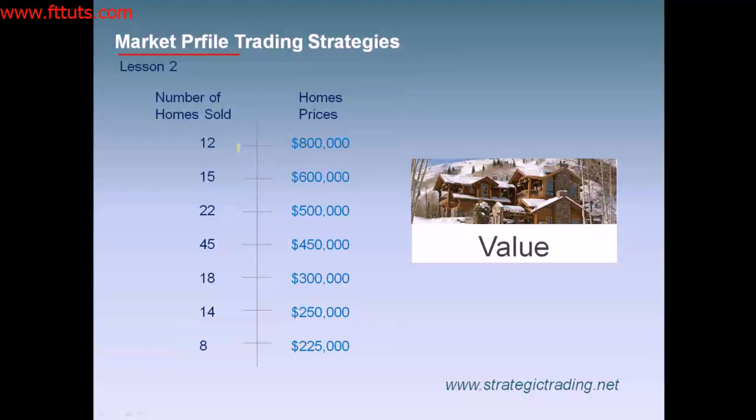In the market that we're looking at, the homes that sold, we had 12 sell for $800,000, 15 at $600,000, 22 at $500,000, 45 at $450,000, 18 at $300,000, 14 at $250,000, and 8 at $225,000.